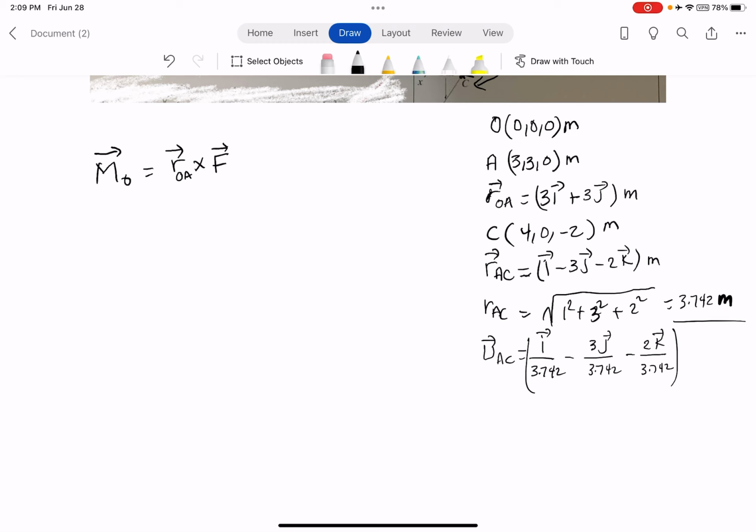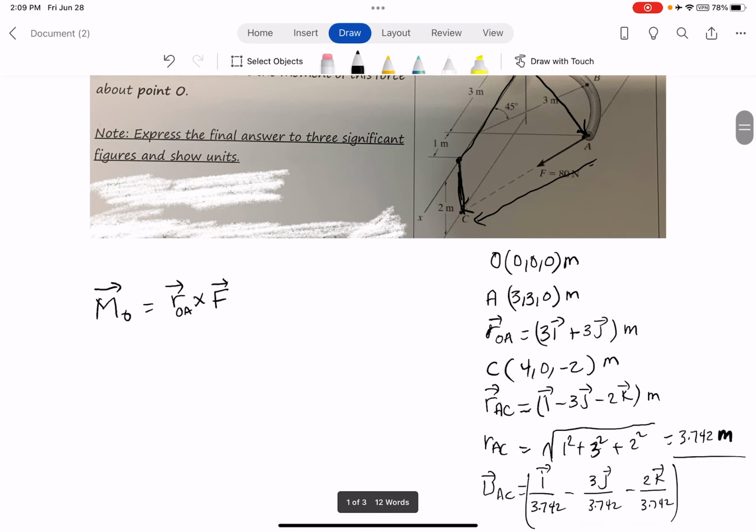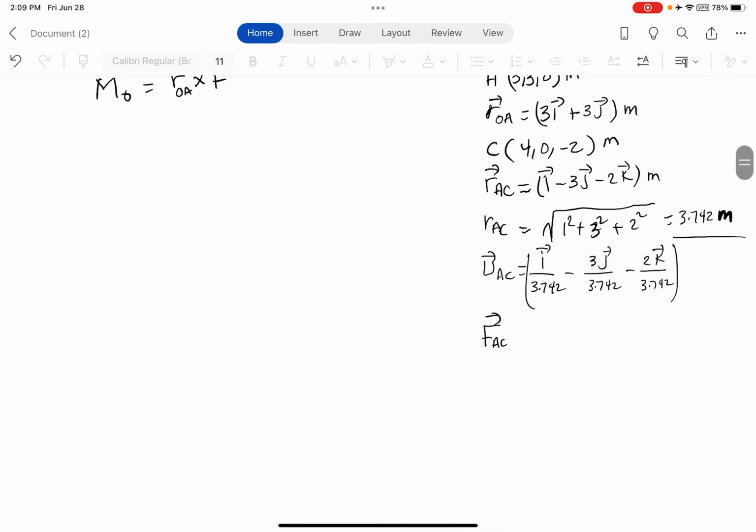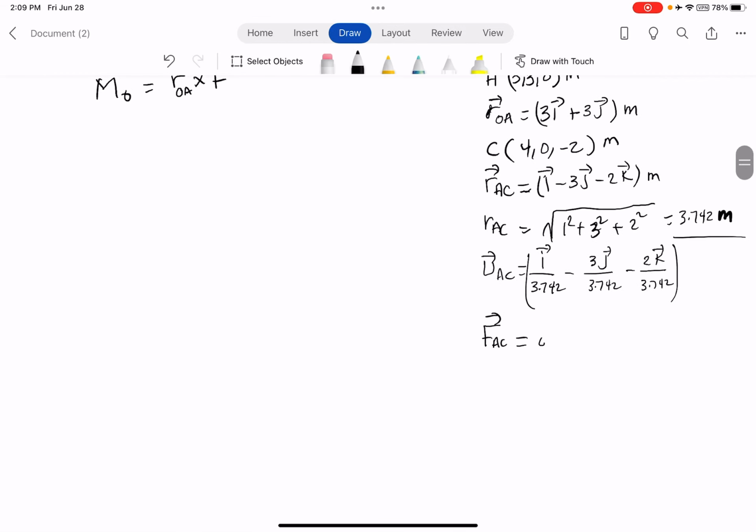So now the force AC is 80 times, i minus 3j minus 2k, over 3.742, and that is in Newton.